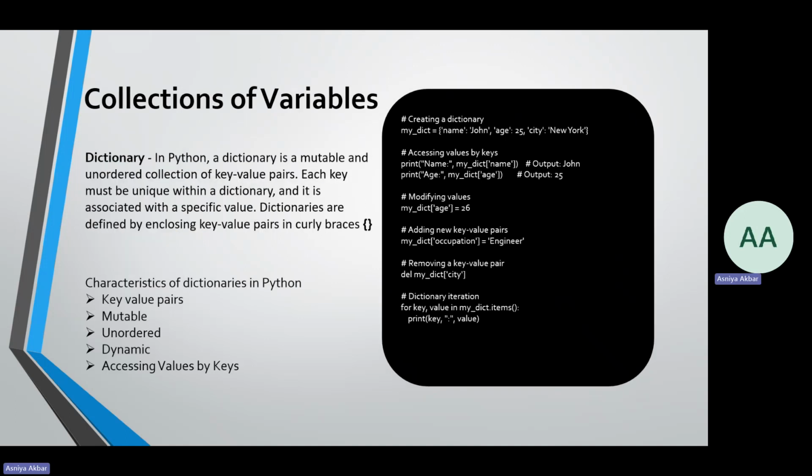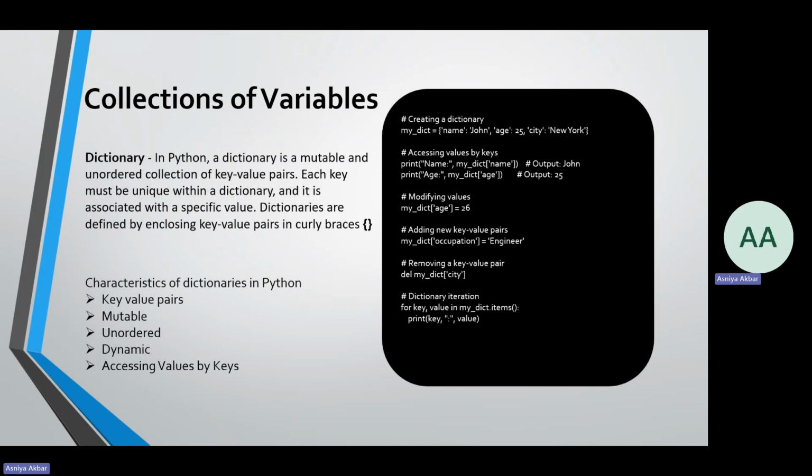Next up here, we have a dictionary. Now, in Python, a dictionary is also a built-in data type that represents an unordered collection of key value pairs. So dictionaries consist of these key value pairs. Each key in a dictionary is unique. You can see here name, age, and city are the keys, which come before the colon, and John, 25, and New York are the values associated with them.